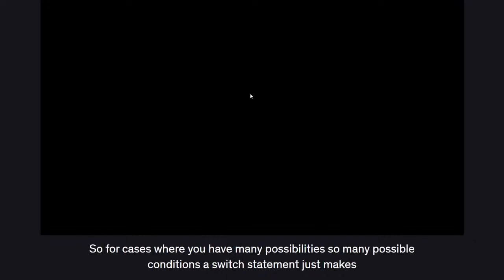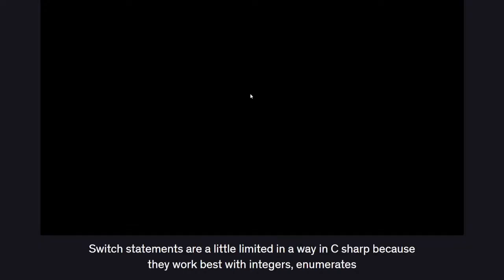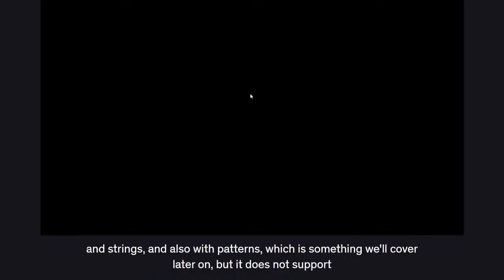So for cases where you have many possibilities, so many possible conditions, a switch statement just makes it look a little nicer. Switch statements are a little limited in C# because they work best with integers, enumerates, and strings, and also with patterns, which we'll cover later on.